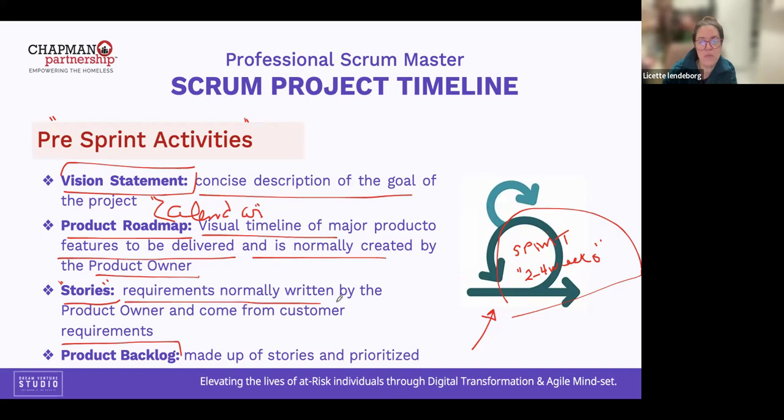Those are requirements normally written by the product owner and come from the customer requirements. The product backlog is the prioritized and organized list of all the stories or requirements. So we have 4 elements before we get started with the project: the vision statement, the product roadmap, stories, and the product backlog, okay?